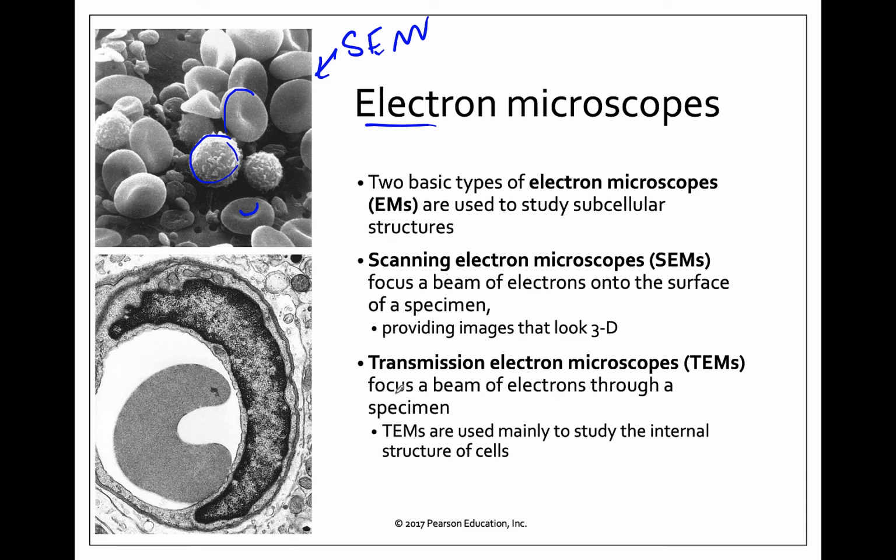And then there is another type of electron microscope, and this is the transmission electron microscope. What this one does is focus a beam of electrons through a specimen. So in this one, you're going to see the cross-section and look at the internal structures rather than the surface. So this is a capillary here, which is the smallest artery in your body.